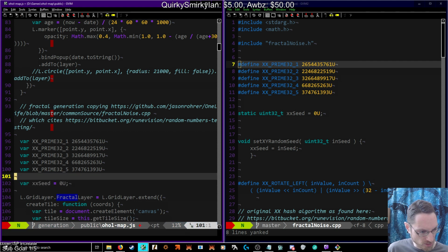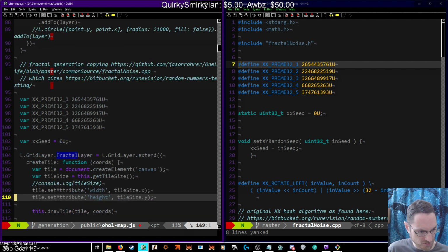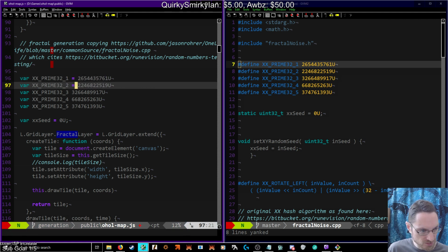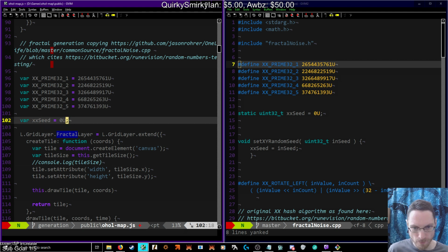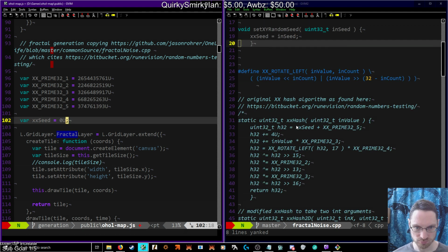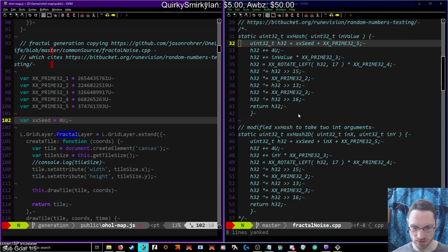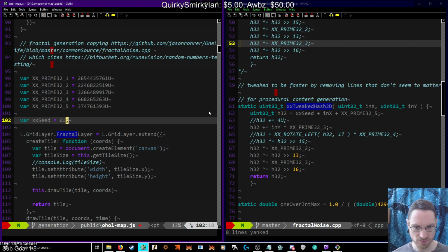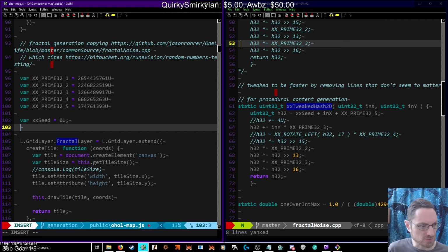I'm a bit worried about JavaScript's floating point math trying to reimplement this. So these were defines. Actually, rotate left is the thing he took out, isn't it? Yeah. All right.